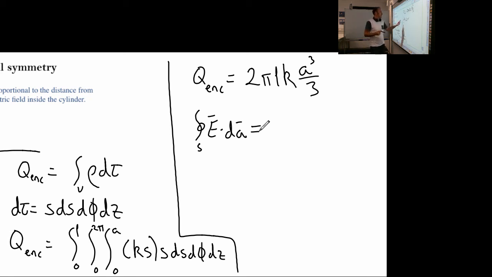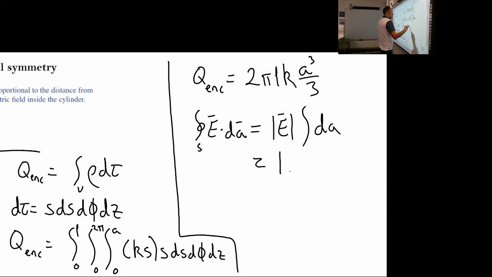The electric field can be taken outside the bracket, so we have the magnitude of the electric field times the integral of dA, which will give us 2 pi aL times the electric field. Okay, so now we know that this is going to be equal to Q, the total charge enclosed, divided by epsilon naught.